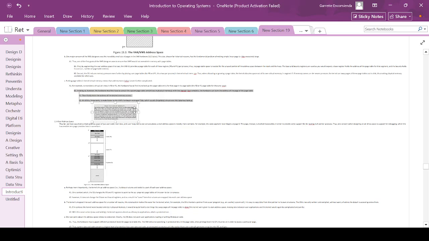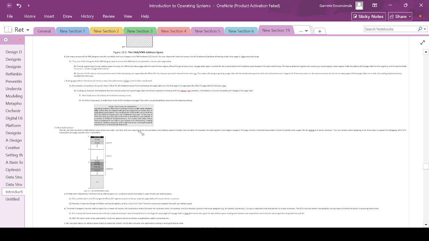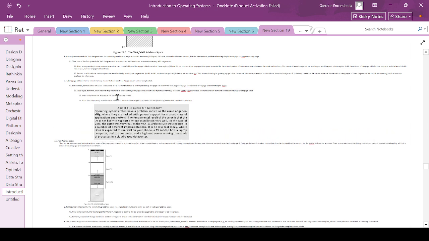So after it finds its page table, it then gets the actual memory address. All of this fortunately is made faster by the VAX hardware-managed TLBs, which usually, hopefully, circumvent this laborious lookup. So there is a cost.